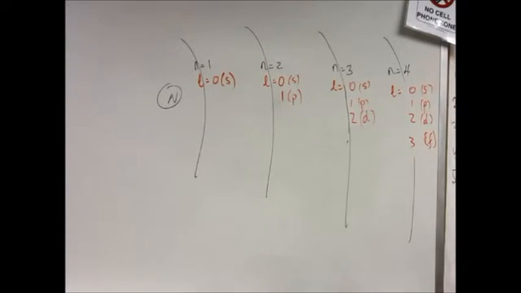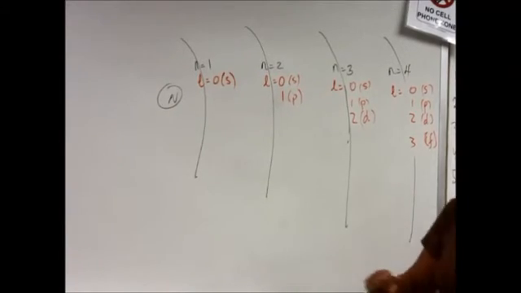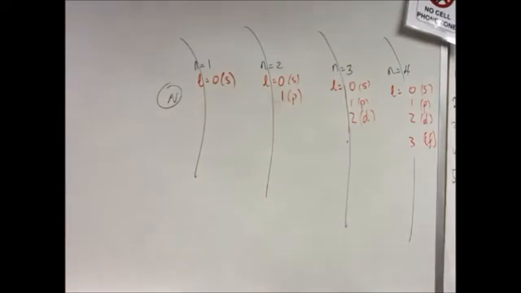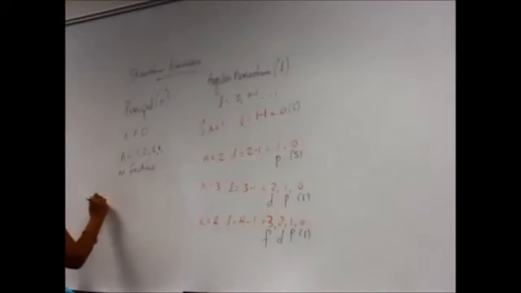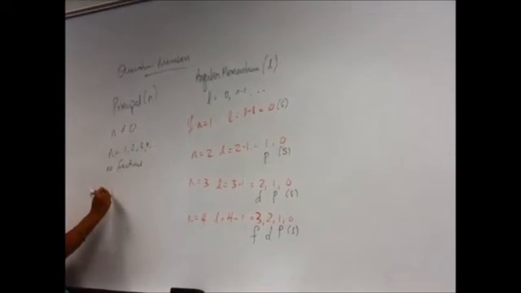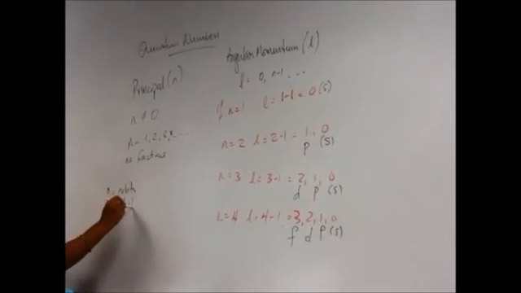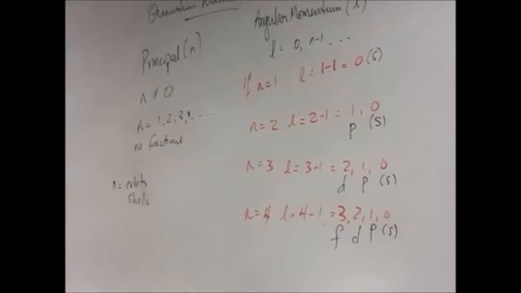The n's are called shells. The SPDF, these are called subshells. Okay, they're also called orbitals because these are orbits. So there are different names that you can use for this. So n: orbits, shells, whatever you want to call it.